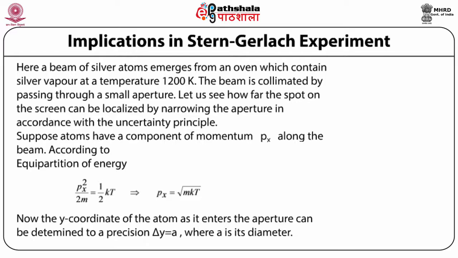Alpha is the half angle that is subtended by the beam of silver vapor atoms on the screen.